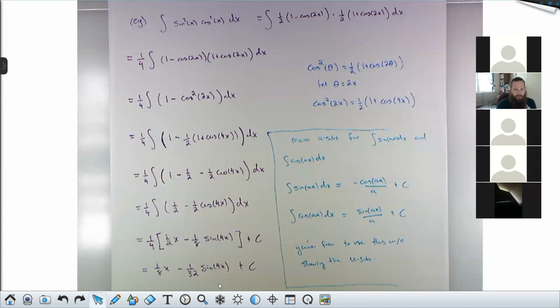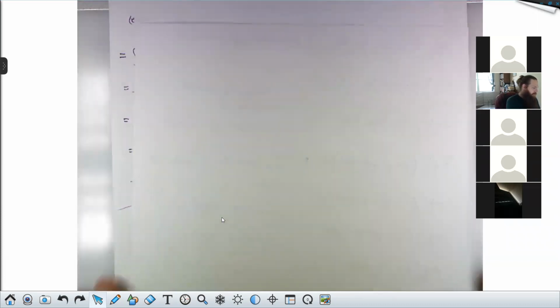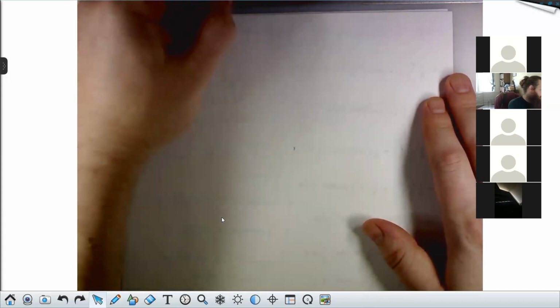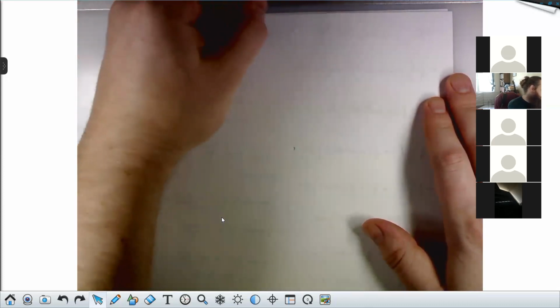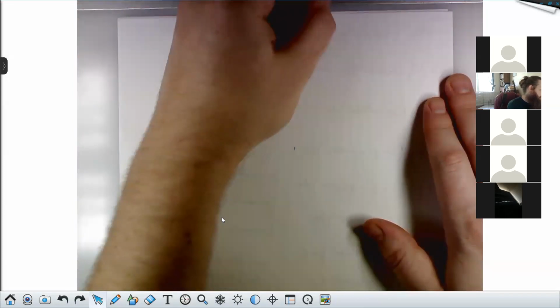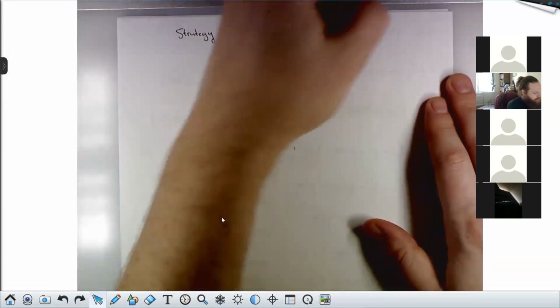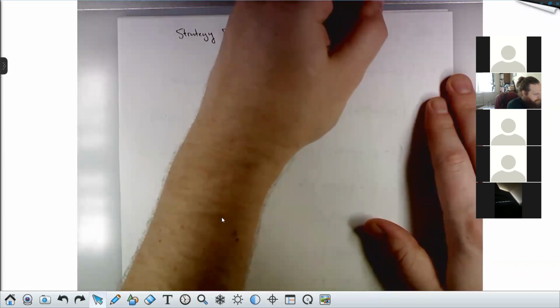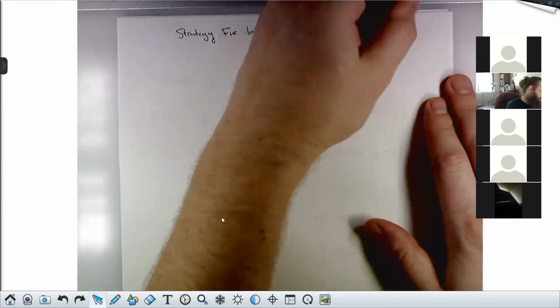Secant tangent integrals are similar to the sine cosine integrals. Before I describe or show you any of the secant tangent integrals, I want to give you the strategy for integrals of the form power of sine times power of cosine.